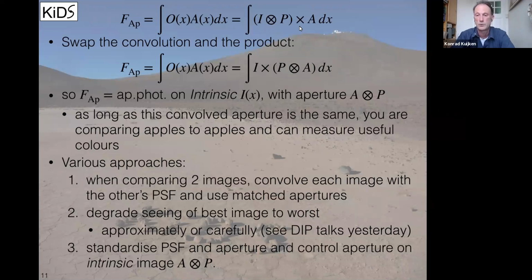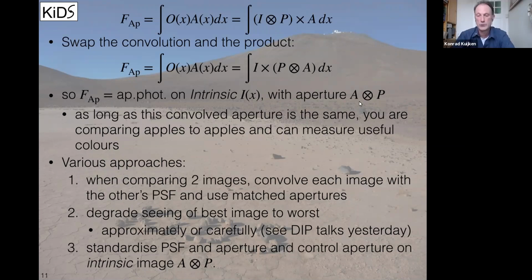So I've simply swapped the convolution and the multiplication here. That's a legit thing to do. Now we've turned our aperture photometry into an aperture photometry on the intrinsic image itself. And this is nice, because now we're dealing directly with the truth, the intrinsic image of your source. And the aperture is the convolution of your observed aperture function with the point spread function.